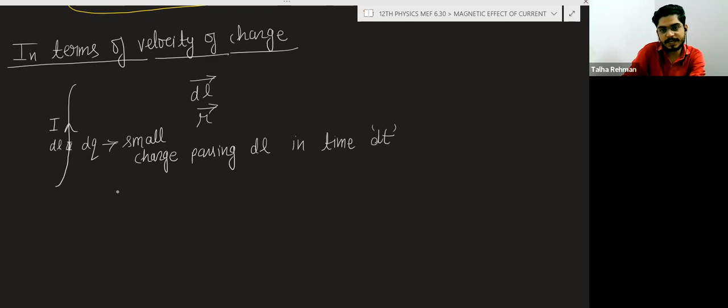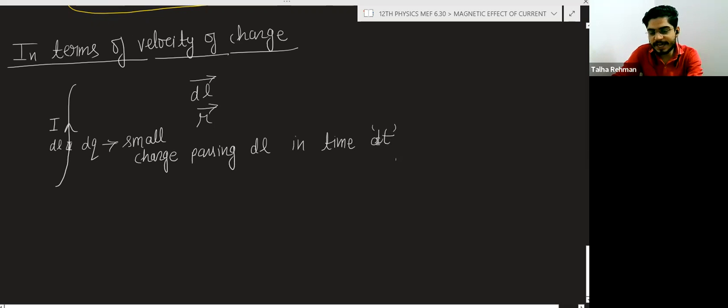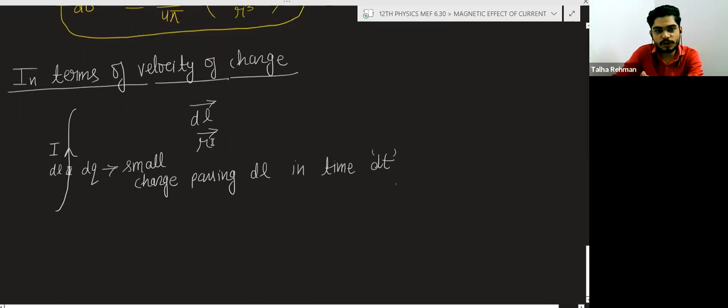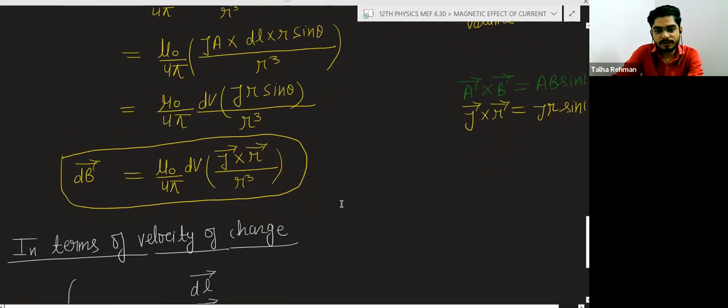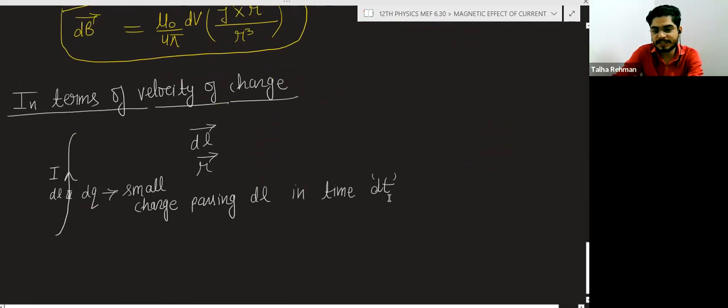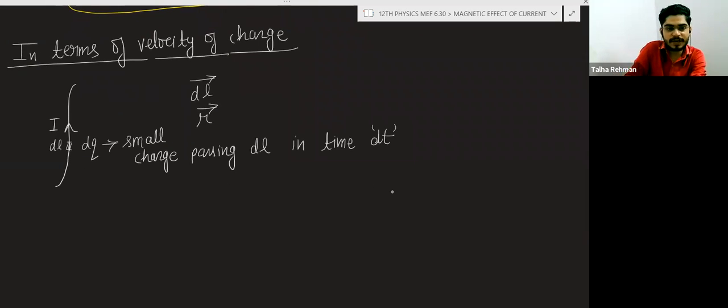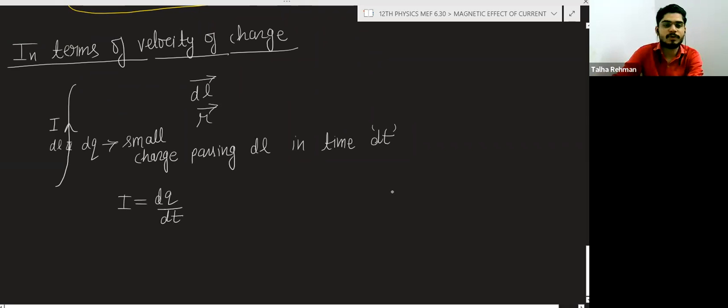So dt is the small time. Like dB is a small magnetic field, dq is the small charge, dt is the small time. So from this length element, dq charge is flowing in time dt. So can I write the expression of current? Current can be written as dq by dt. Current is charge divided by time.